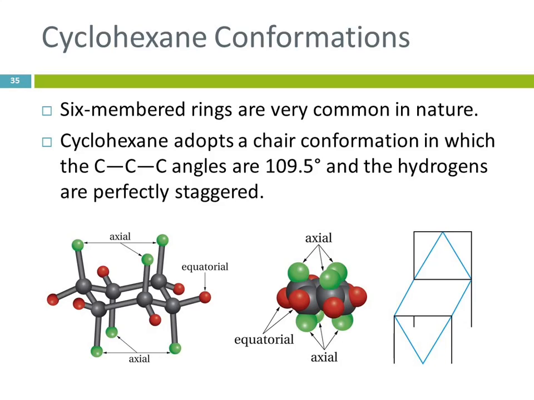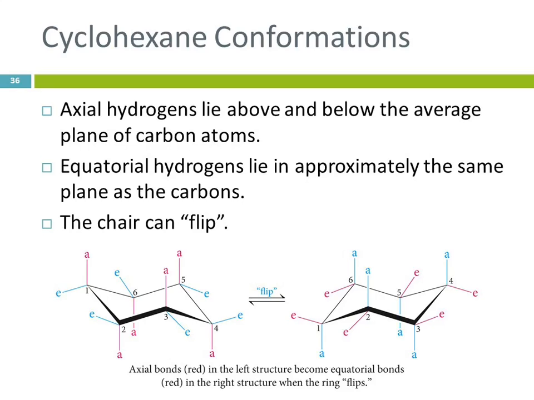So it's forming a chair. So the axial hydrogens are above and below the average plane, and the equatorial are approximately the same plane. And the chair can flip. So the axial and the equatorial positions can trade places.